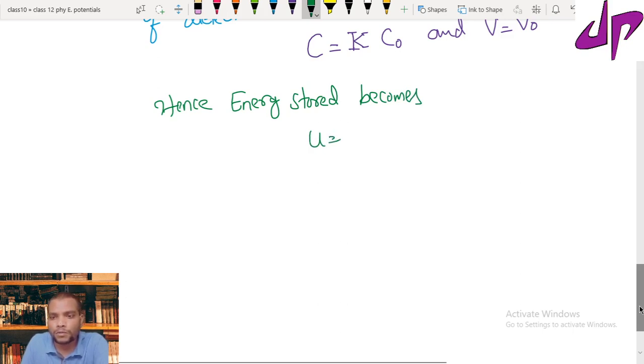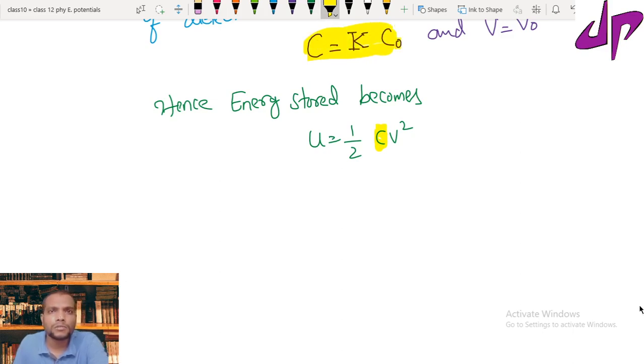U equals half CV square is the expression we derived. In place of C, we substitute C equals K C naught, and in place of V, we replace the potential V naught.